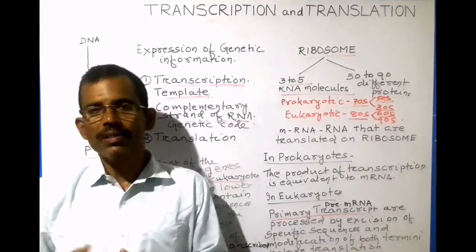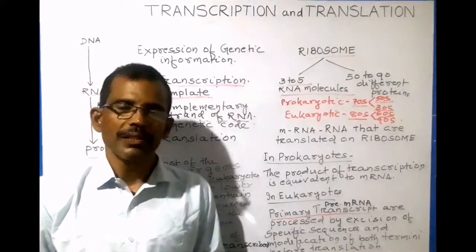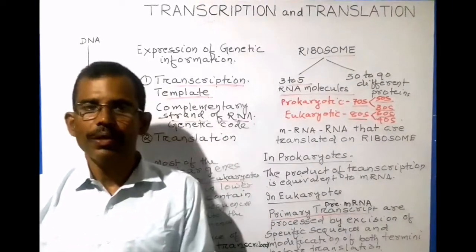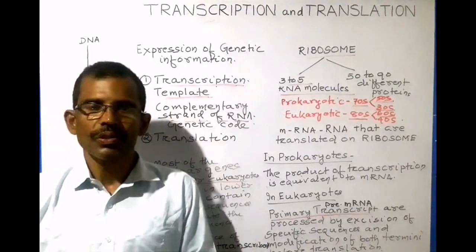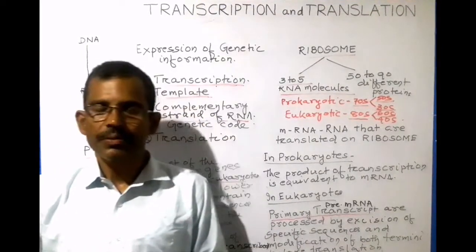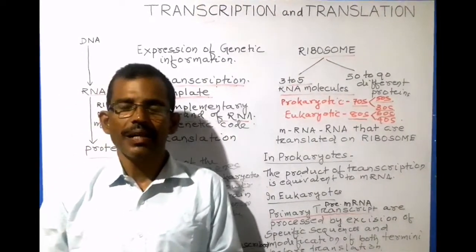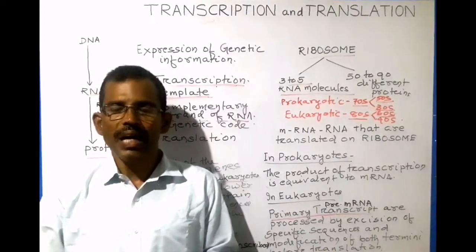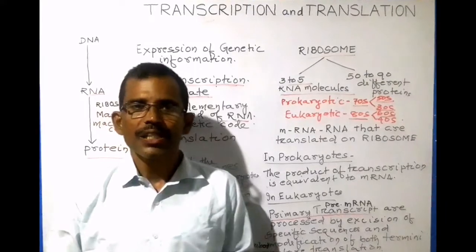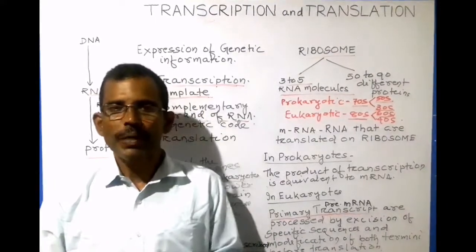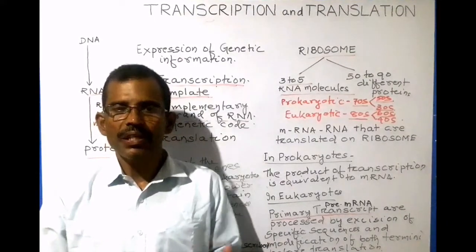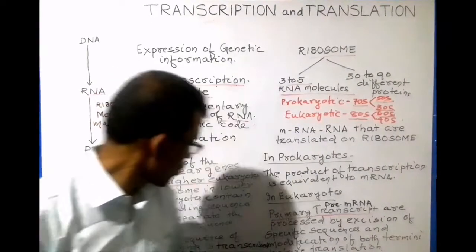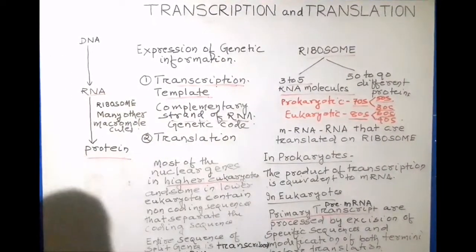The non-coding sequences are known as introns and the coding sequences are known as exons. Because in these genes, the coding sequences are separated by non-coding sequences, so this type of genes are called as split genes. Split genes mean a gene that contains both coding sequence and non-coding sequence.